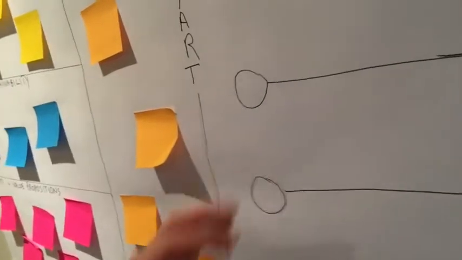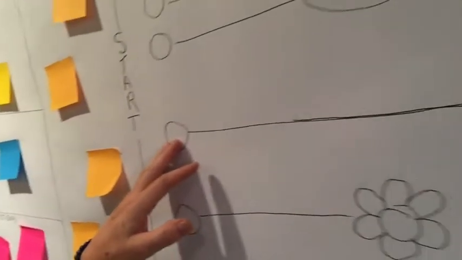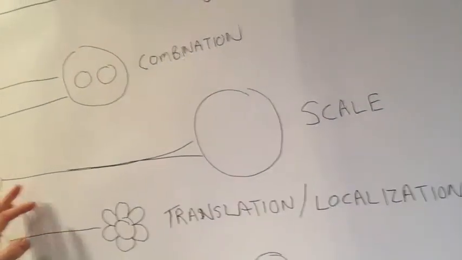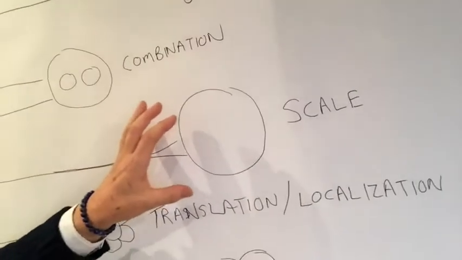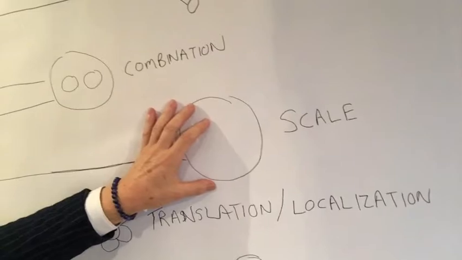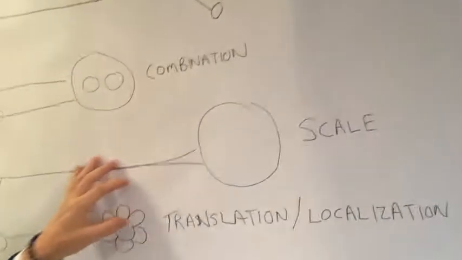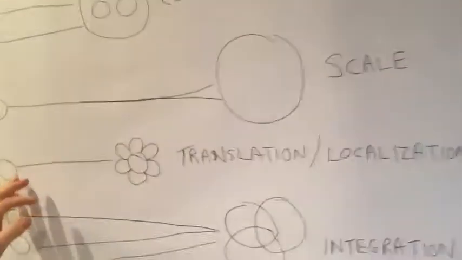The third one, again, starts with a resource, but this one looks at scaling it. How could you take a starting resource and then amplify and scale it and make it as big as possible everywhere around the world? So that's a collaboration involving scaling.